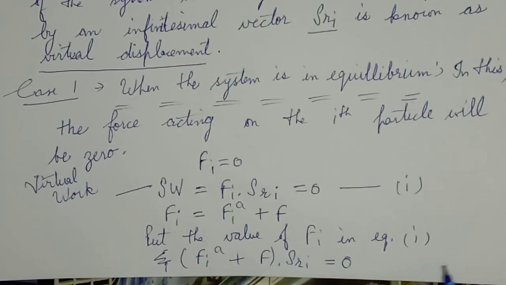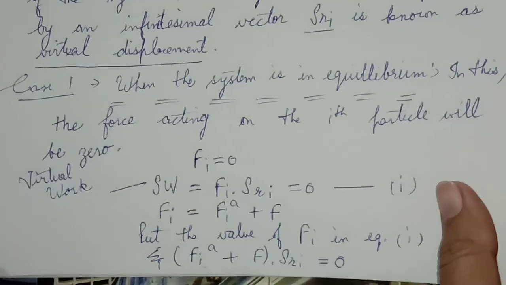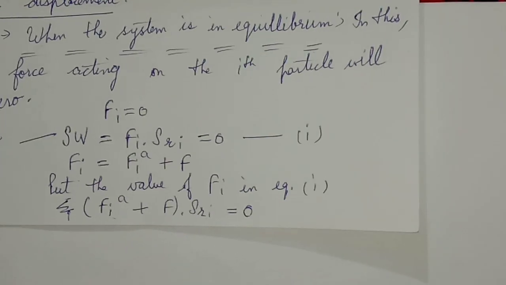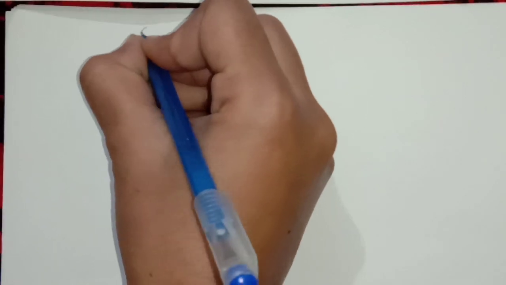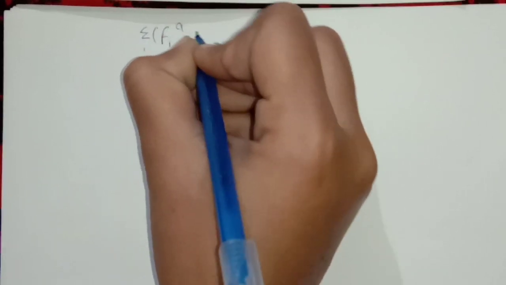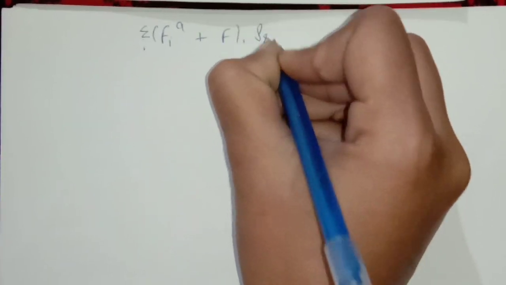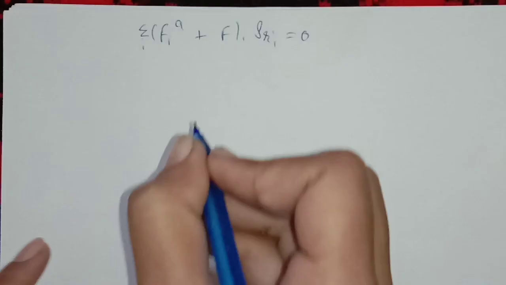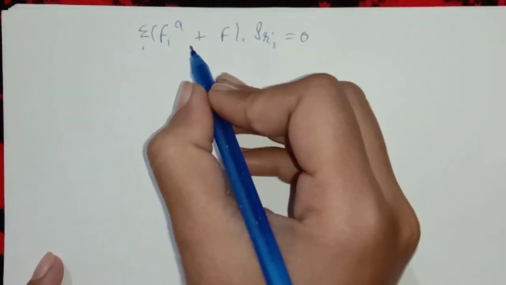Now we open the bracket and multiply delta Ri inside this.